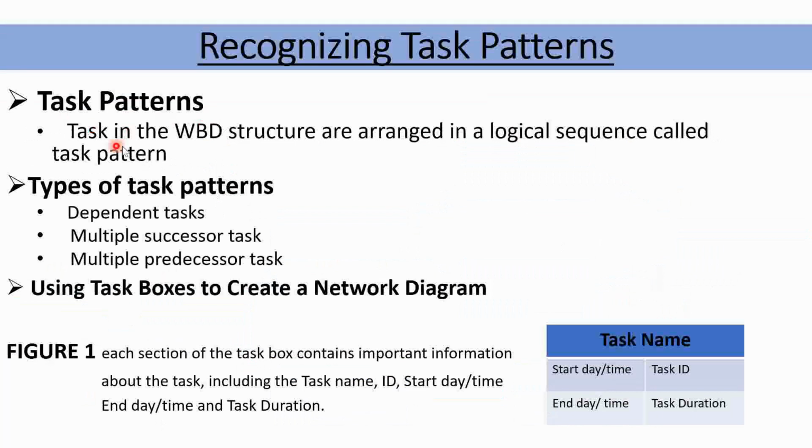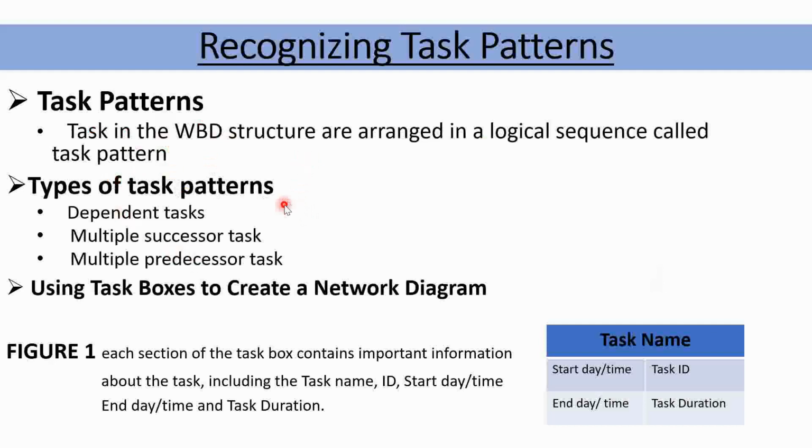Task patterns. Tasks in the work breakdown structure are arranged in a logical sequence called task patterns. Remember, a network diagram represents the tasks which you have identified and named on your work breakdown structure, right?